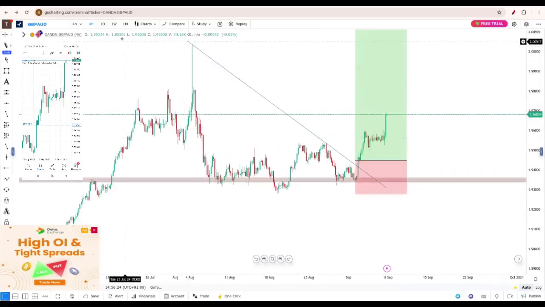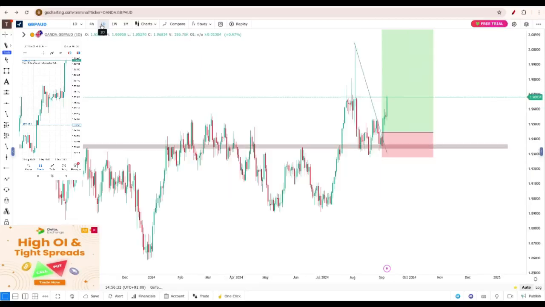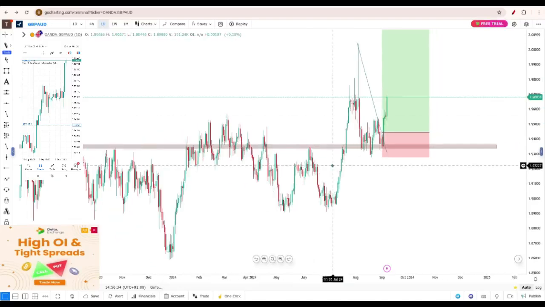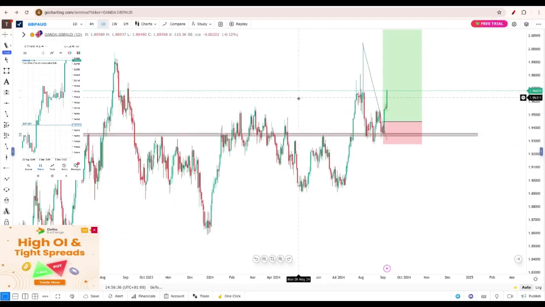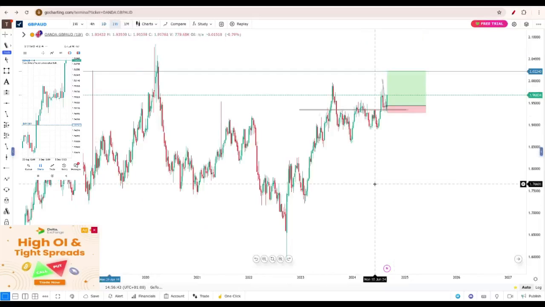So just forget about checking charts. Anytime you are on a trade, just put your mind off the trade. As I said earlier, I'll be leaving this trade for a couple of weeks, or probably for some months.